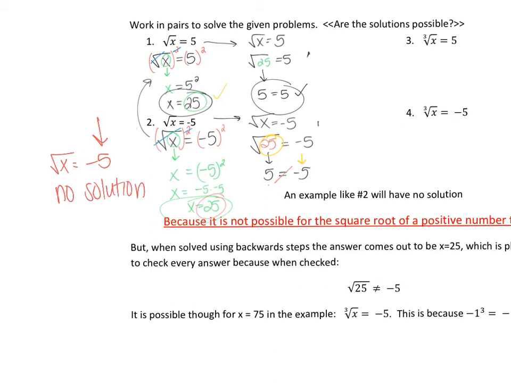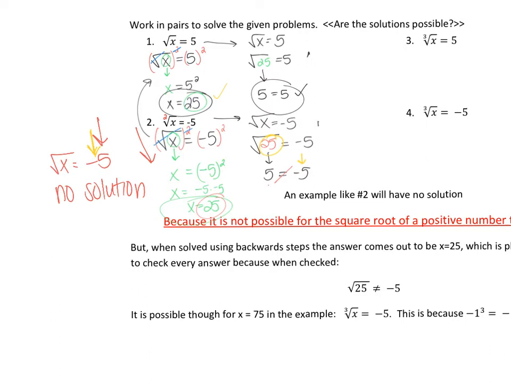So we really did not have to complete all this work, okay? We saw that there is a negative with this number. So because it's a negative, we know that it is no solution. So that's important to realize. But what's also important to realize is that it's only when it's a square root, or anytime it's an even power, okay?